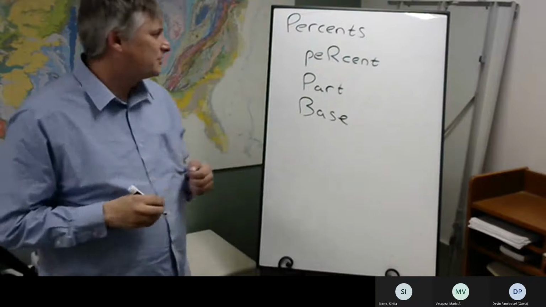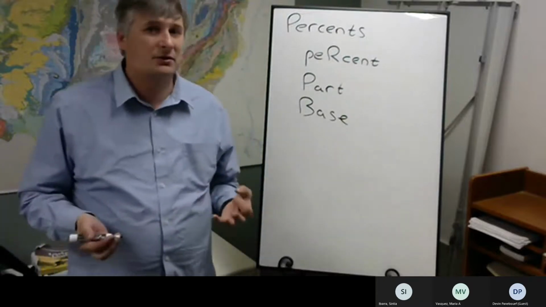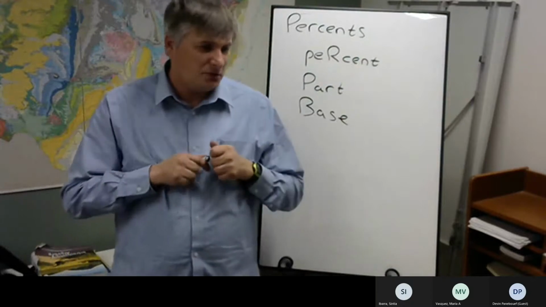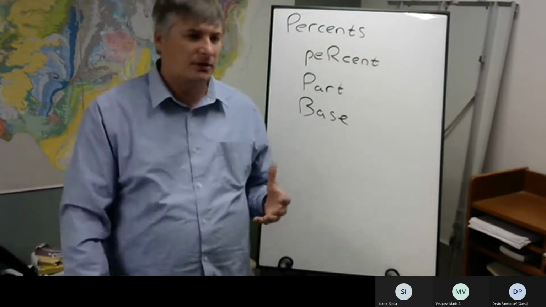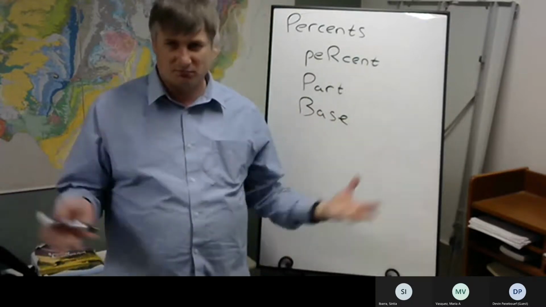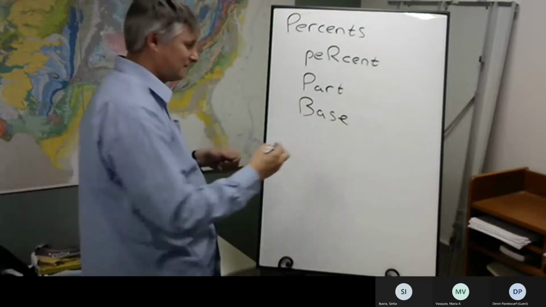And so the relationship between, if you recall what a percent is, it's just a fraction with a denominator of 100. And with fractions, we're comparing a part to a whole, or a part to a base, or everything. And the relationship's going to be this.